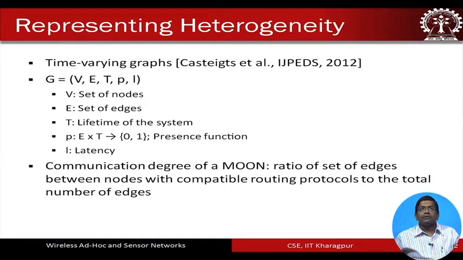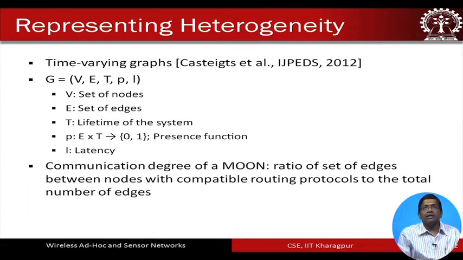In terms of heterogeneity, these are the things that have been studied. The set of nodes is represented as V. These MOONs can be represented as time varying graphs, where each graph has a set of nodes V, a set of edges E, the lifetime of the system T, a presence function, which maps E cross T, and L, which corresponds to the latency.